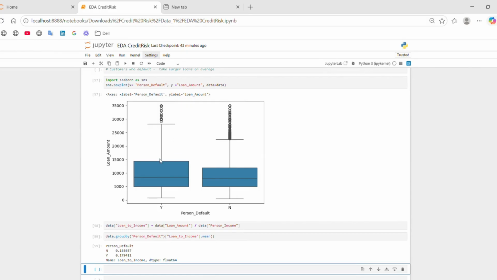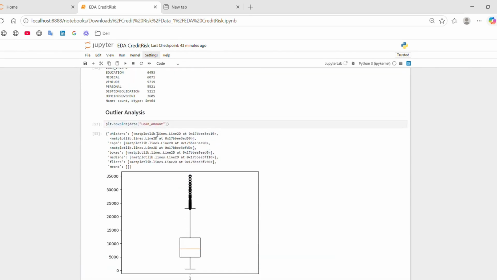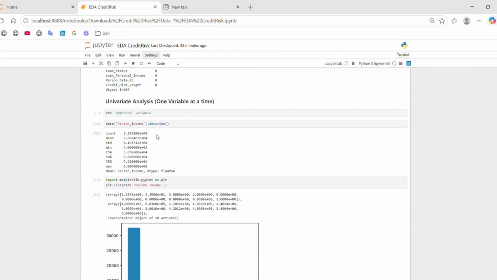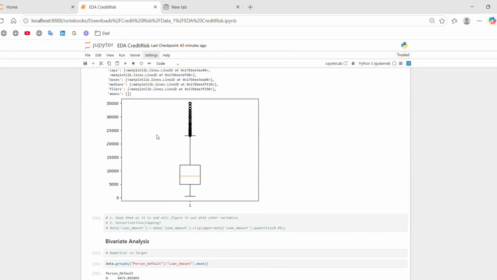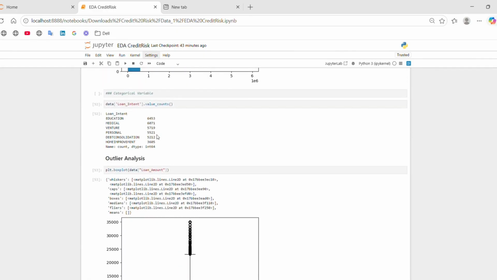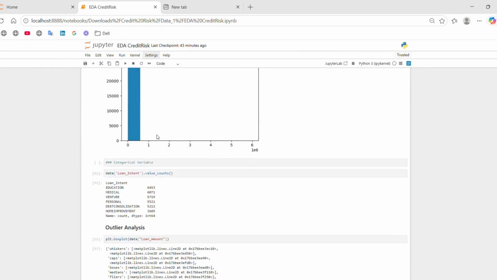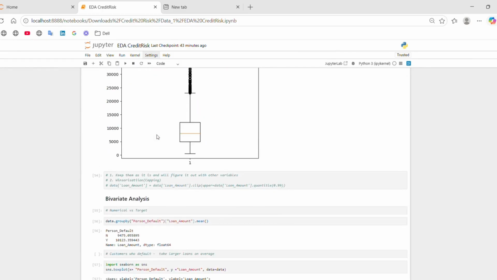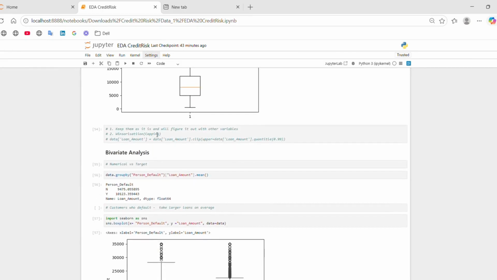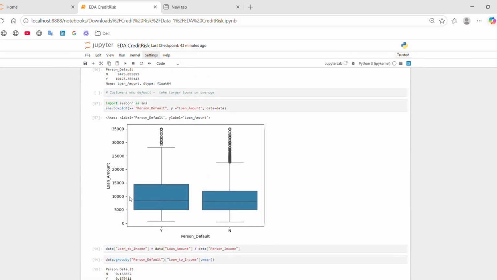And outliers also exist for both the plots. So the loan amount itself is not a standalone strong discriminator, even though earlier the mean was showing a lot of difference. With respect to loan amount, we see that the defaulters have taken a high amount of loan.